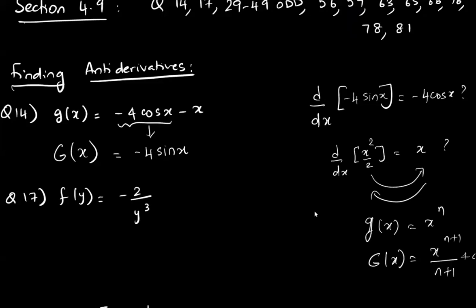So if you're going to apply that rule, the current power is 1, we are going to add 1 to it, that gives us x squared, and then we are going to divide by the new power, which is 2, and that is the antiderivative. And then because we are coming up with a family of functions here, a general antiderivative, we are going to add a plus c to the answer.